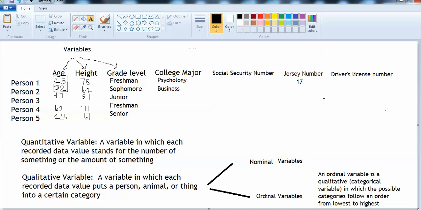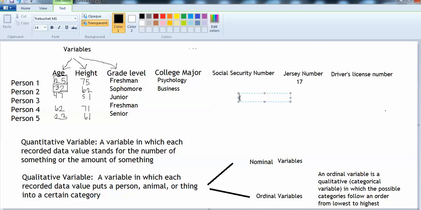Now, what are some examples? We could start with some examples that have to do with people. Grade level is an ordinal variable because what are the possible grade levels?